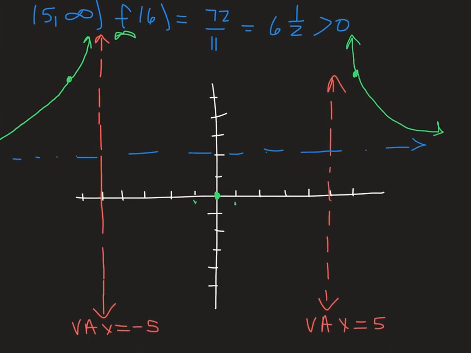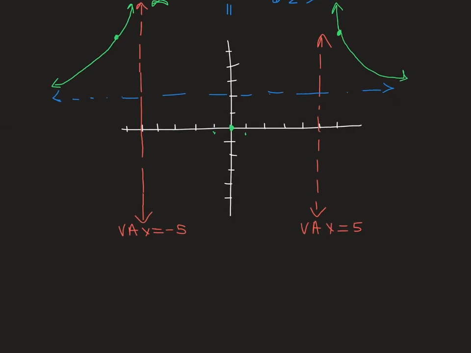All right, now let's look at what's going on in the middle part here. So our intervals from -5 to 0 and 0 to 5 were all negative, so that means we're going to be below the x-axis.